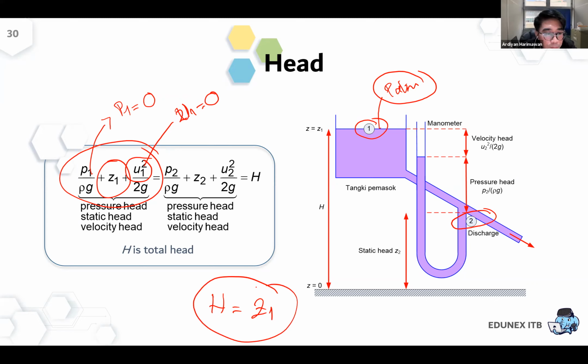At point 2, there will be movement, because in the slanted pipeline the water will be flowing, so there will be some value of velocity. It means you have velocity head. How about the static head? The static head can be measured from the baseline. The baseline is here, and the static head will be this one, where Z2 will be lower than Z1.